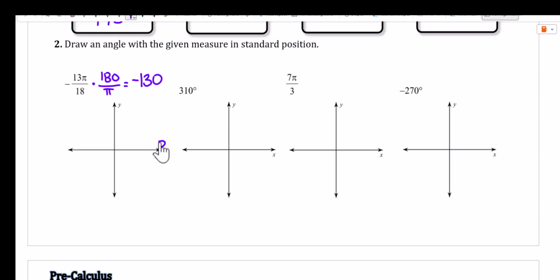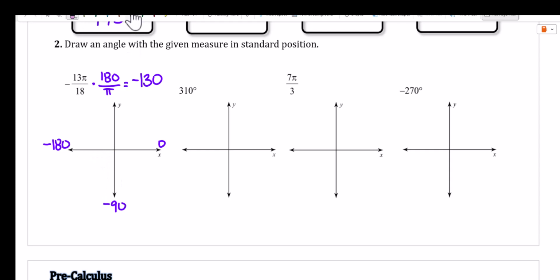So here we know this is 0, this is negative 90, this is negative 180. So I know to get negative 130, I'm going to be somewhere in between here. Now, don't do something like this and be lazy, or something like that and be lazy, because you're a little too close. We know 130 is somewhere in between. So here's what we're going to do.